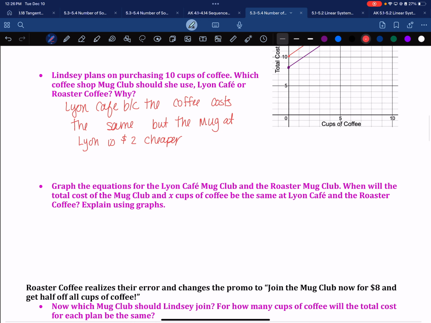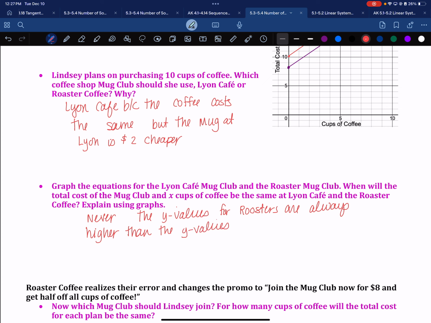So when would you want to use never, because the line, let's say the y values. So the total cost spent is always higher.